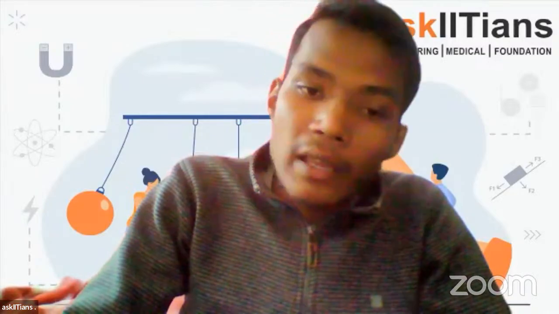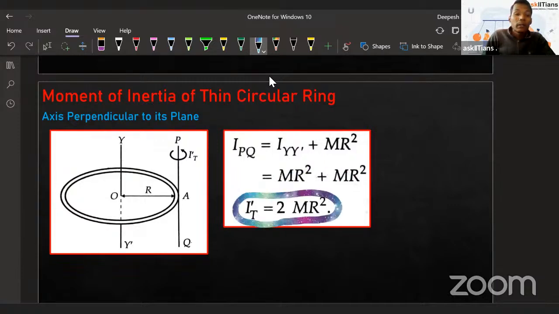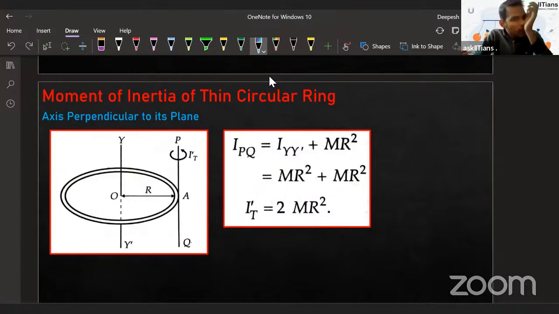How can I calculate it? Again, I will use the parallel axis theorem and my work will be done. The moment of inertia along this tangent is simply equal to the moment of inertia along the axis passing through the center, plus mr square, where r is the distance between the two axes. So it will be mr square plus mr square, which equals 2mr square. That's it. Done.